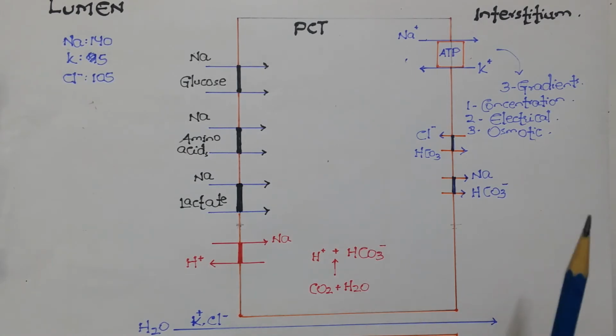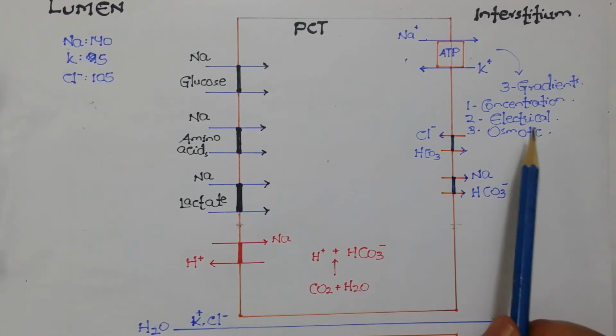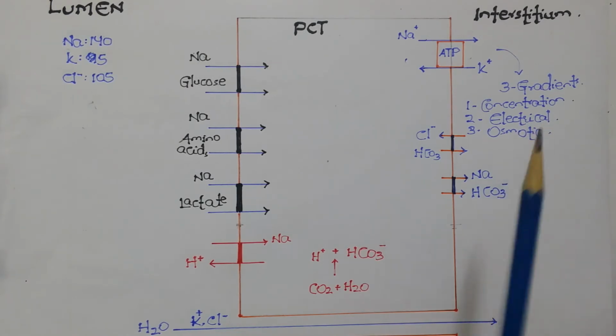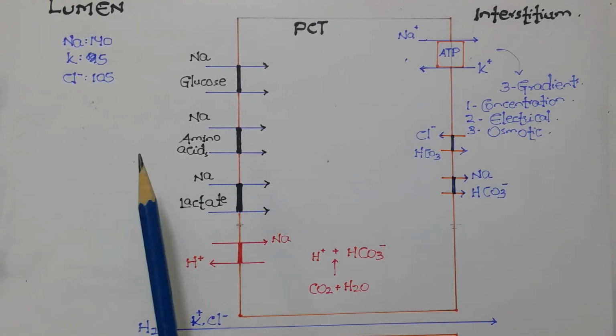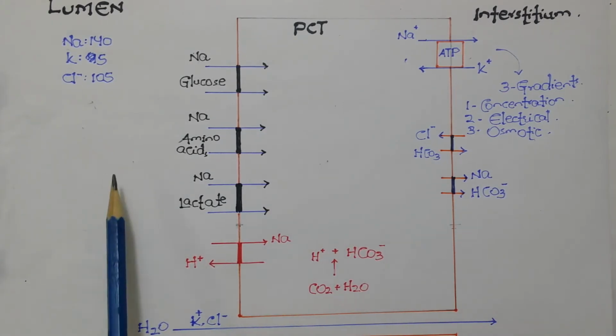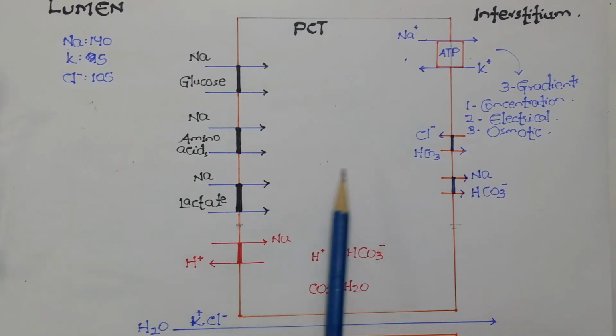As a result of sodium reabsorption, we also get one more gradient, that is the electrical gradient. Sodium being positively charged, after it has been taken up by the tubular epithelial cells, the inside of the tubular lumen becomes slightly more negative as compared to the inside of the tubular epithelial cell because of the loss of positively charged ions.